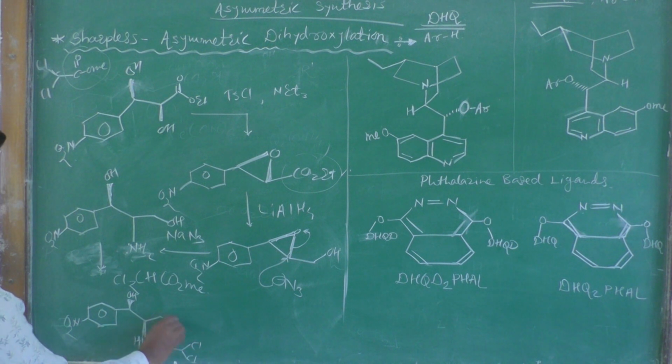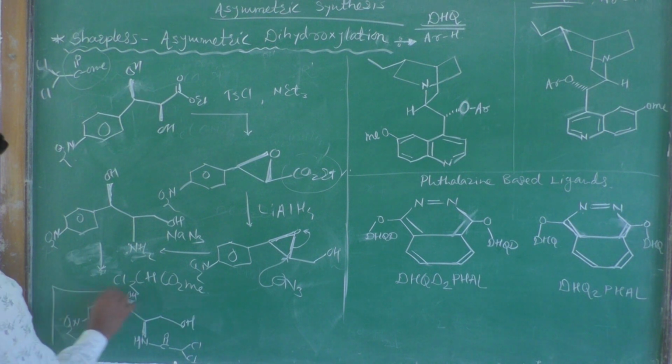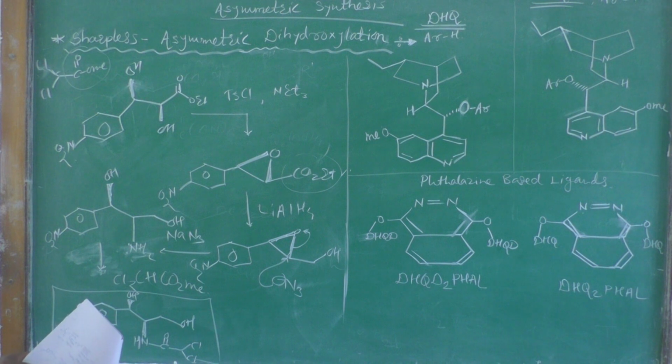And this group is attached to CH2OH. So this is the product, and this product name is chloramphenicol. It is used in the drug.